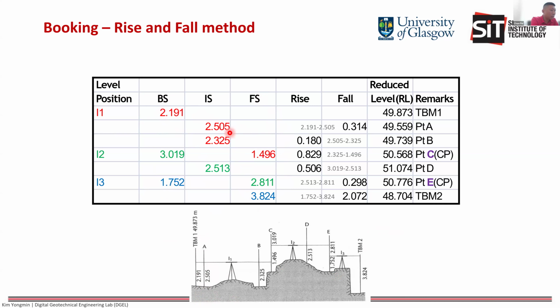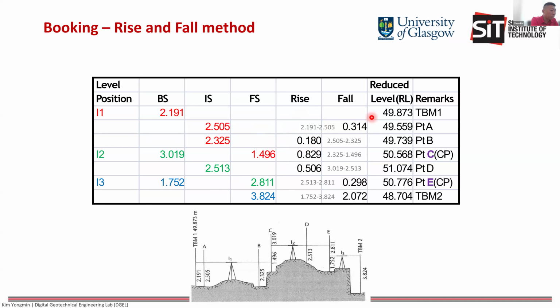Then you do the calculation. Backsight minus the foresight, you get a minus, then you put 0.314. And then you use this intermediate sight minus this intermediate sight, you get a plus 0.18. Then it's a rise, and you fill in the rise.